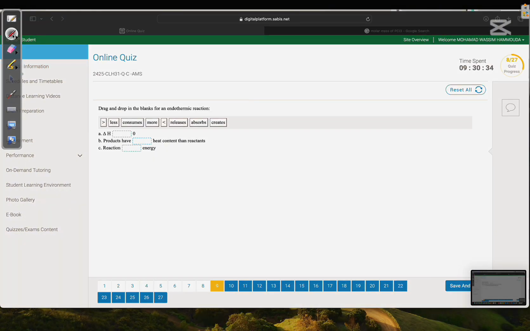So now, for number 9, drag and drop in the blanks for an endothermic reaction. Look, since we know delta H is products minus reactants, right? Okay, so now we know that an endothermic reaction is like the reactants plus energy will give us the product.